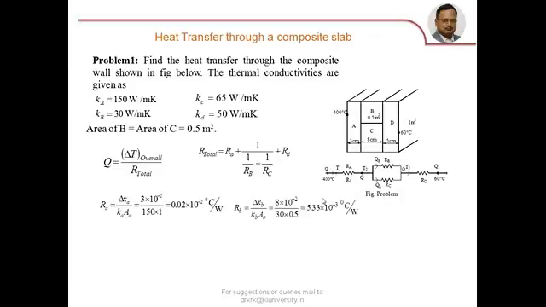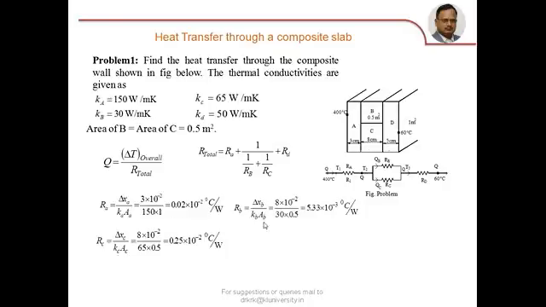Similarly, for RB: del XB, the thickness of B, is 8 centimeters, KB is 30 watts per meter Kelvin, and the area of B normal to the direction of heat flow is given as 0.5 meter square. So you will get RB.